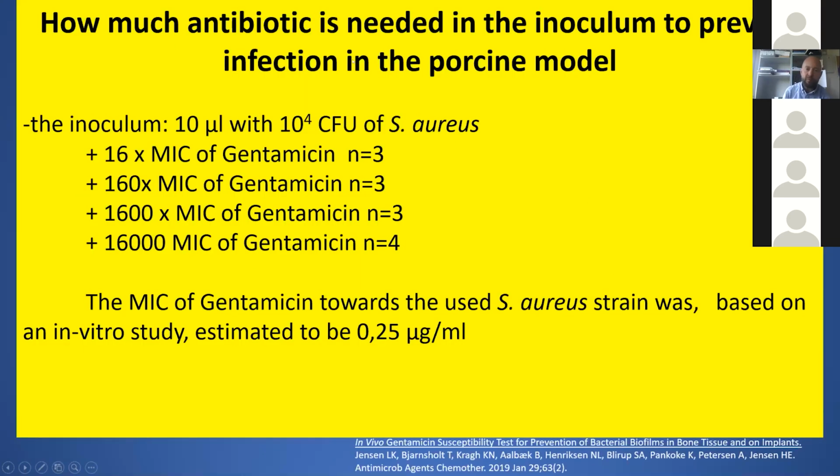But then, of course, maybe if we insert an implant, to prevent bacteria from forming biofilms on the implant or adjacent to the implant, we can just treat with extremely high concentrations of antibiotics. So Louise also tried to add bacteria together with increasing concentrations of gentamicin up to 16,000 times MIC. So they added the bacteria together with the antibiotics, and in vitro, 16,000 times MIC would kill these planktonic Staph aureus very, very easily.